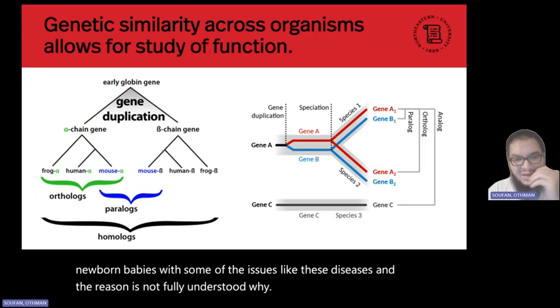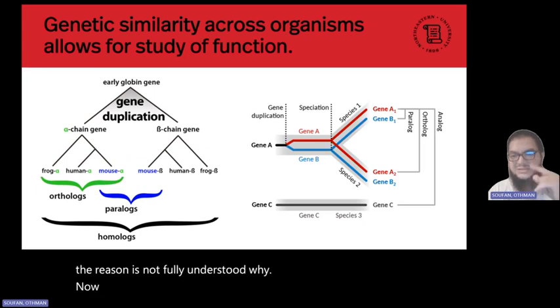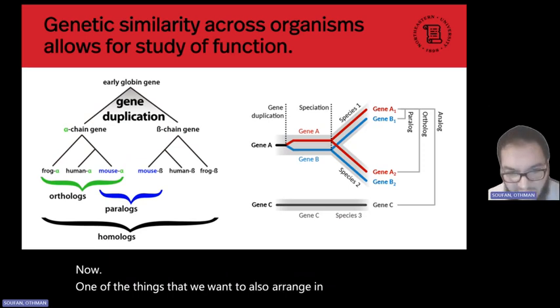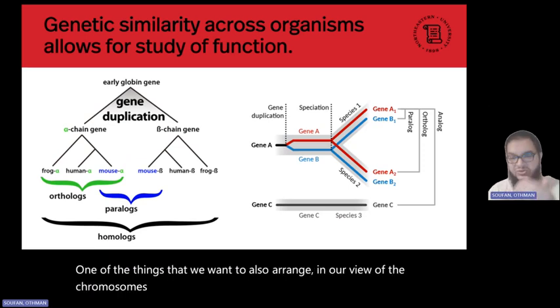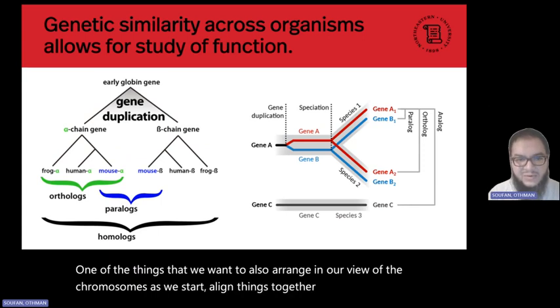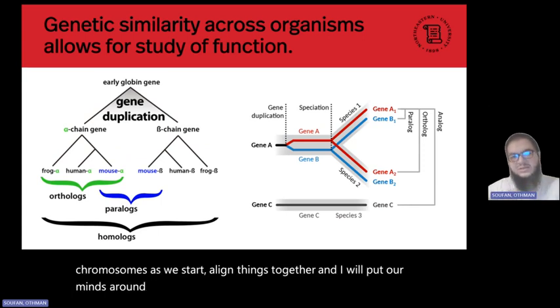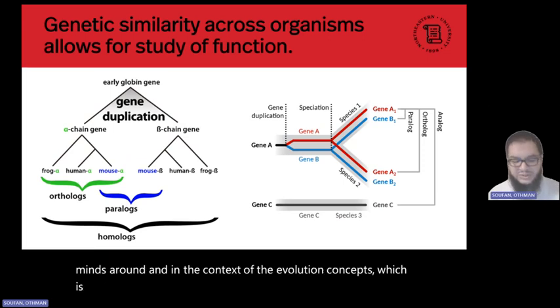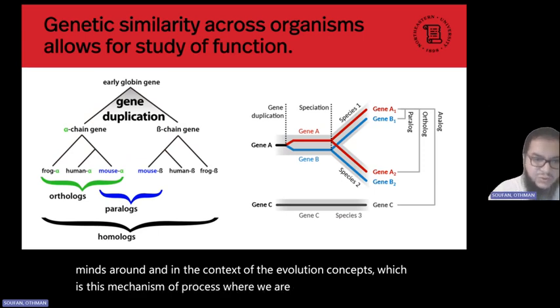Now, one of the things that we also want to arrange in our view of the chromosomes, as we start aligning things together and put our minds around them, is in the context of evolution concepts, which is this mechanism where we are able to spot what?